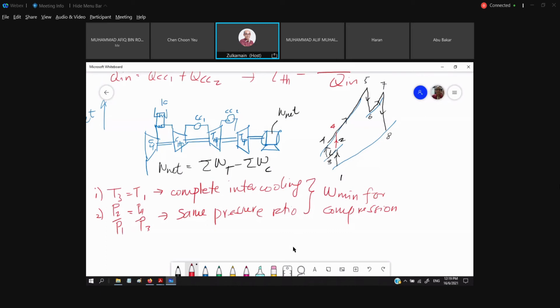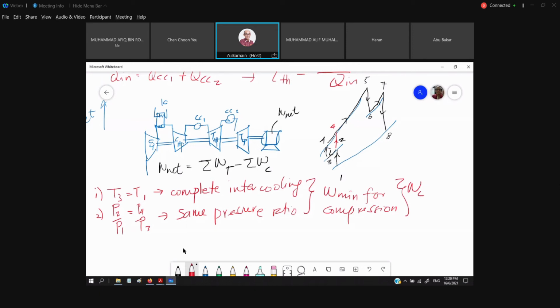If this plant is valid only for one, complete intercooling, then we cannot assume that P2 over P1 equals P4 over P3. So if one of them is not fulfilled, then you have to get the individual work for the compression process. For a minimum compression process, we can combine the work.